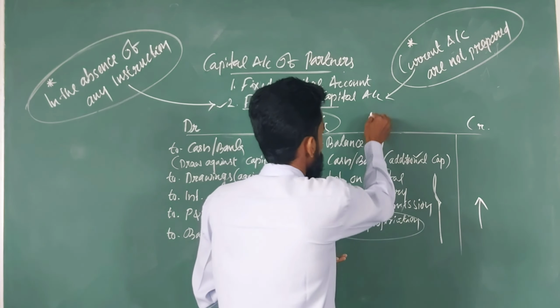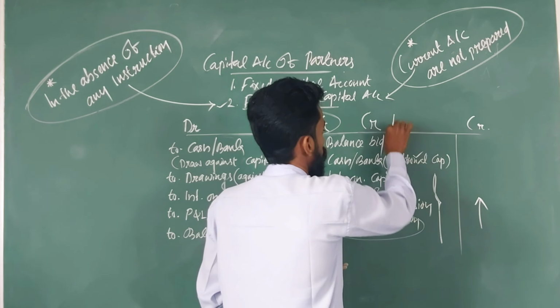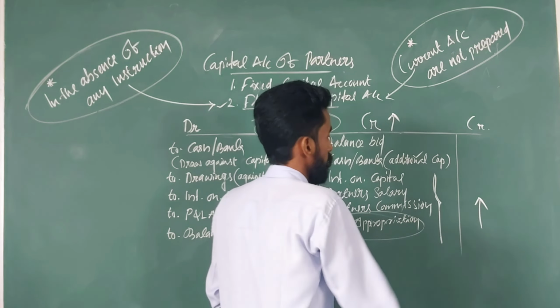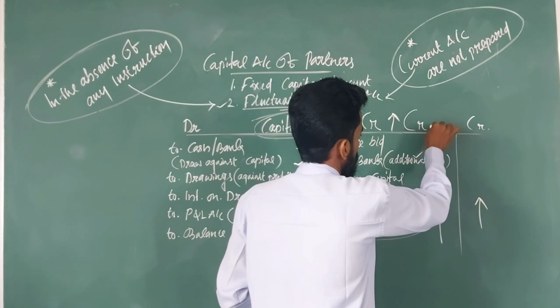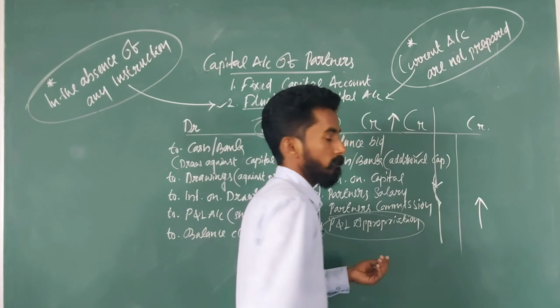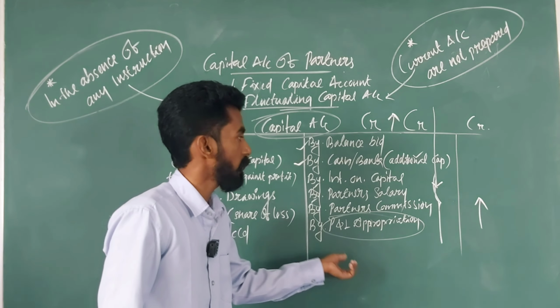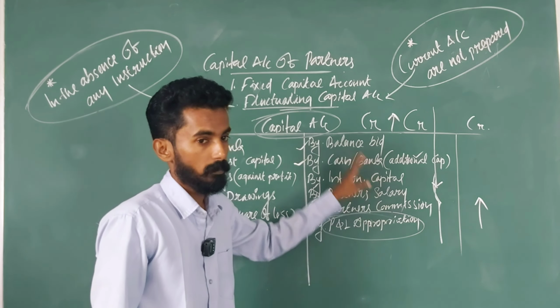Capital account shows which balance? Credit balance. If you want to increase that capital balance, we have to credit it. Clear? We have already credited all these entries here in capital account.